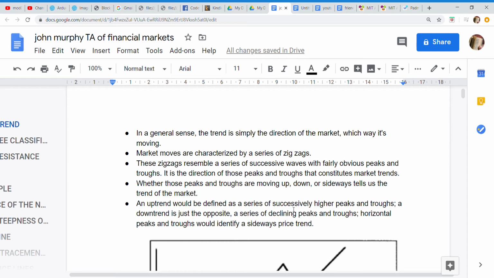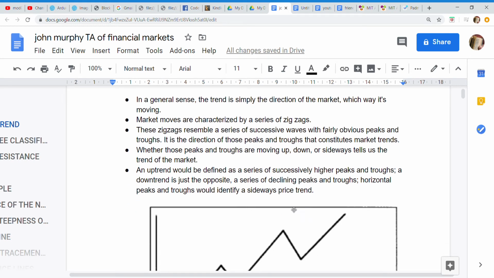Horizontal peaks and troughs would identify a sideways price trend.